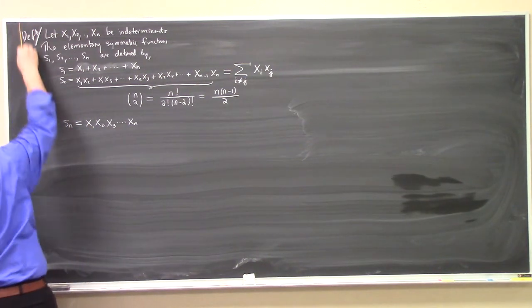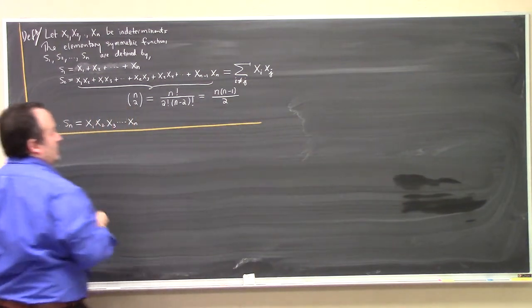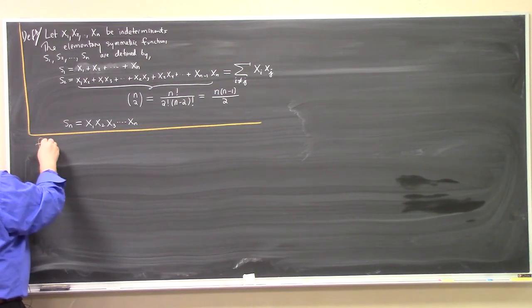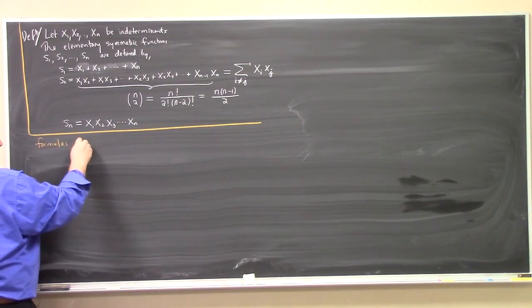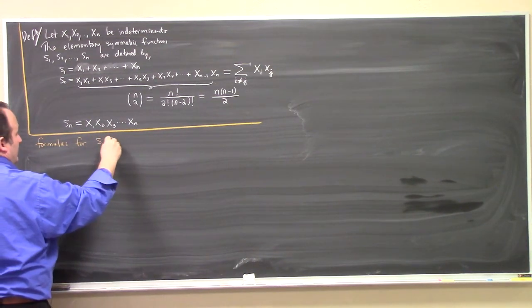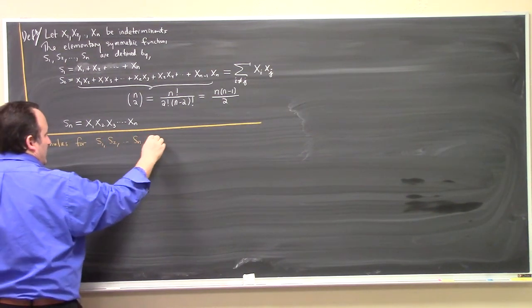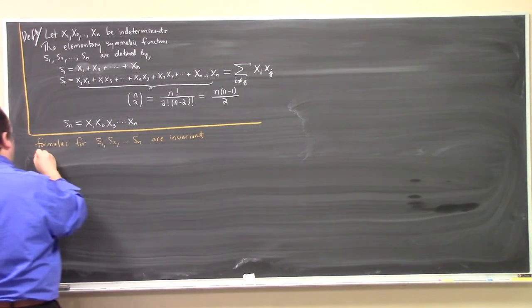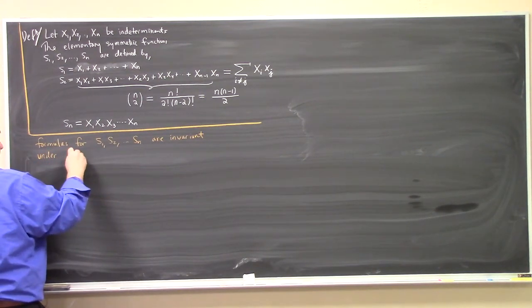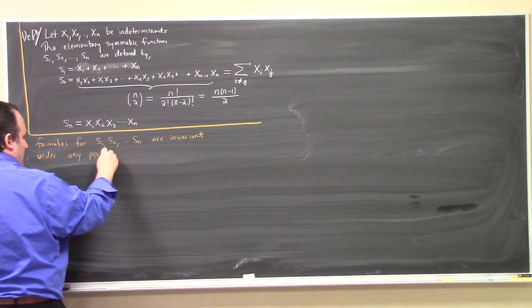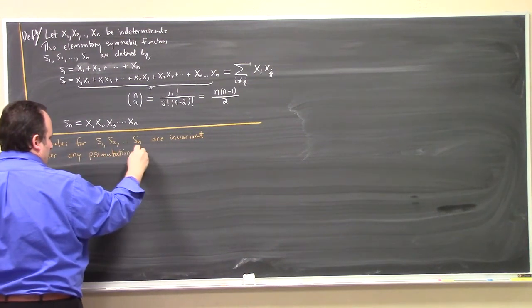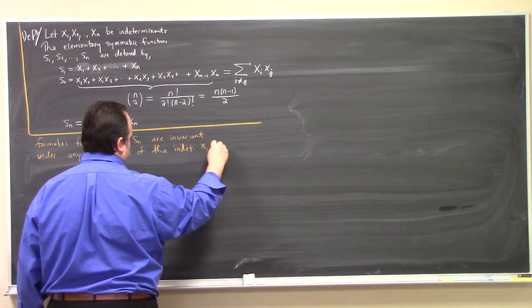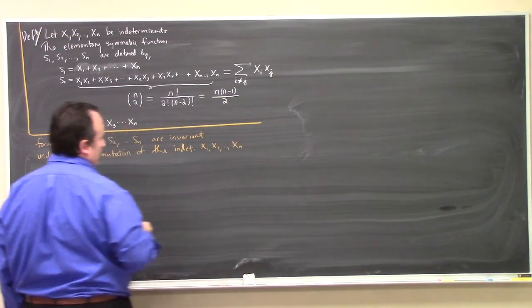So what's the deal with these guys? What's the structure we're looking at here? The formulas for S1, S2, all the way out through Sn are invariant under any permutation of the indeterminates.